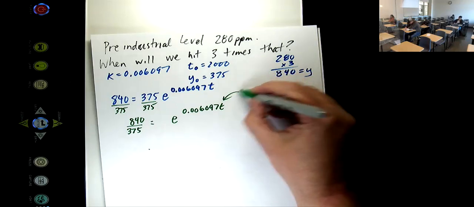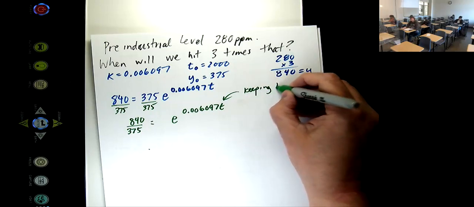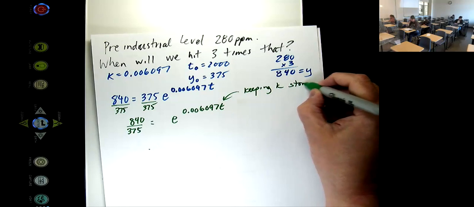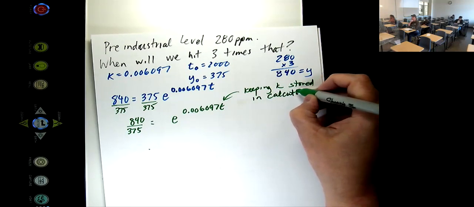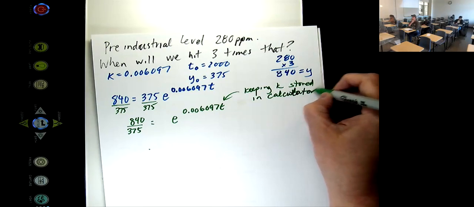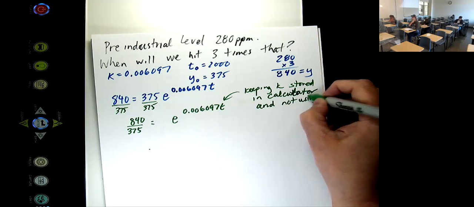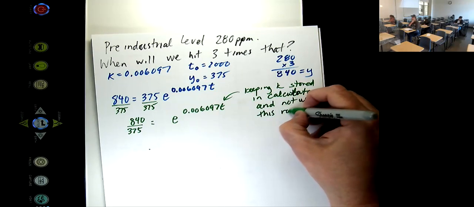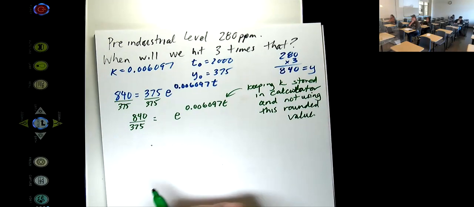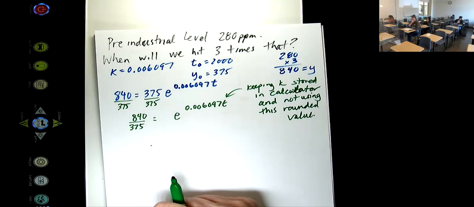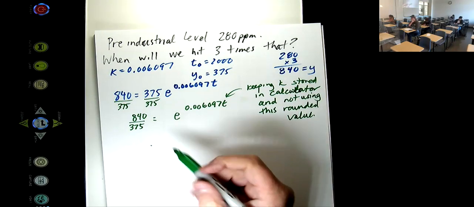I recommend keeping K stored in your calculator and not using this rounded value. But I've got to write something down. And so what do we do here?